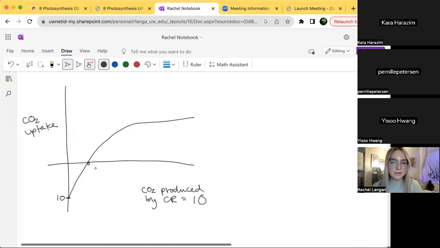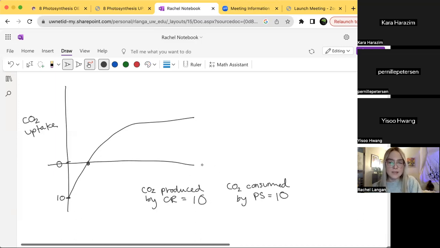And that's why we're at 0, right? So that tells me at this point, I know that CO2 consumed or CO2 uptake by photosynthesis is 10. And that's why in total it's 0.